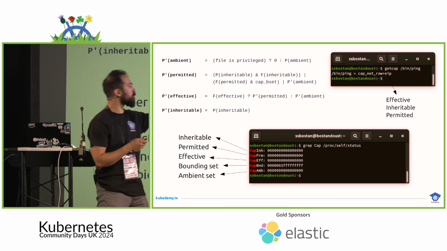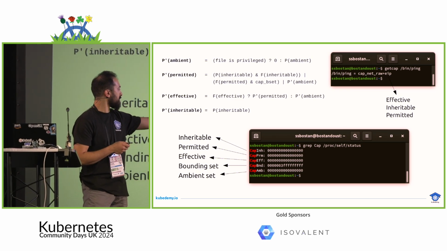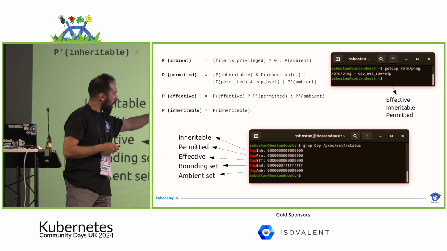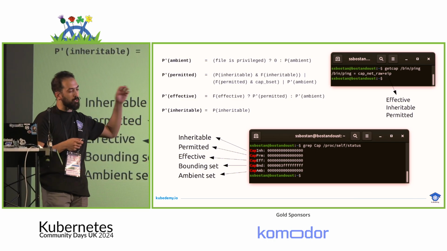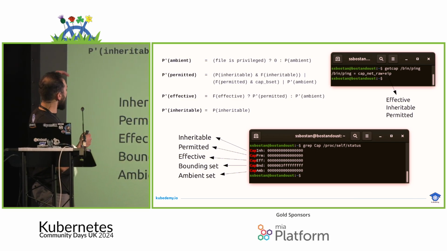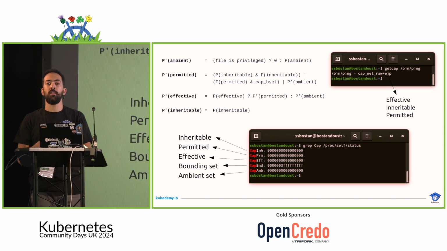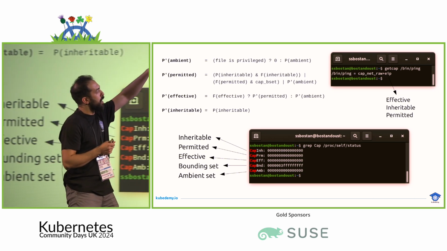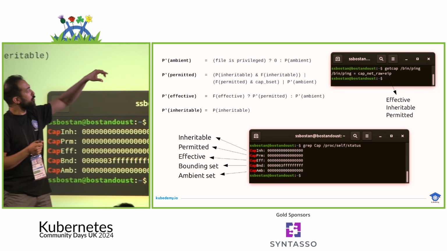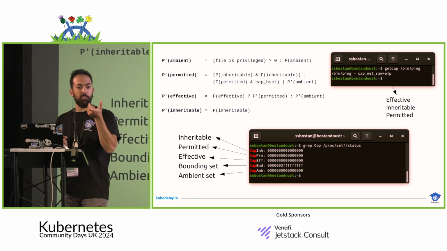If you check a process and get its status, you can see a bunch of bits available for the process, showing the effective, permitted, bounding set, ambient, and inheritable capabilities. With the setcap and getcap commands, you can check exactly what capabilities the application has.